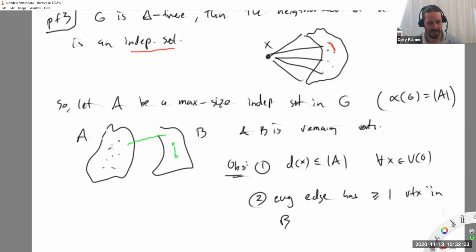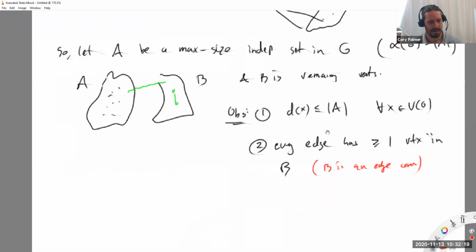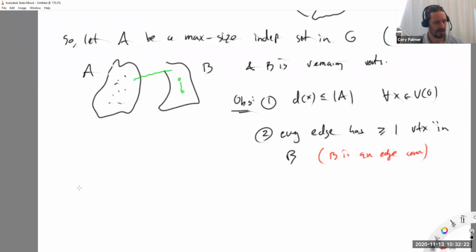This is not important in this proof either, but it actually means B is an edge cover, maybe not a minimal one, but every edge is seen by a vertex of B. We don't actually need that property. So this means we can estimate the number of edges of G as follows.